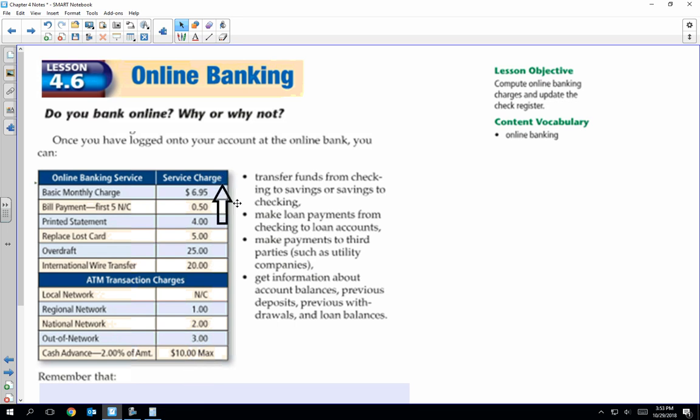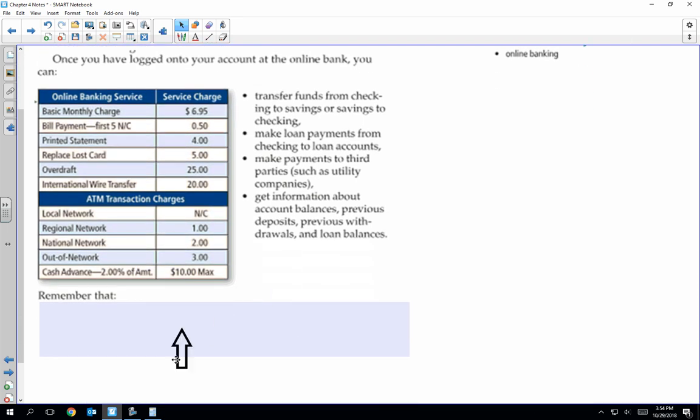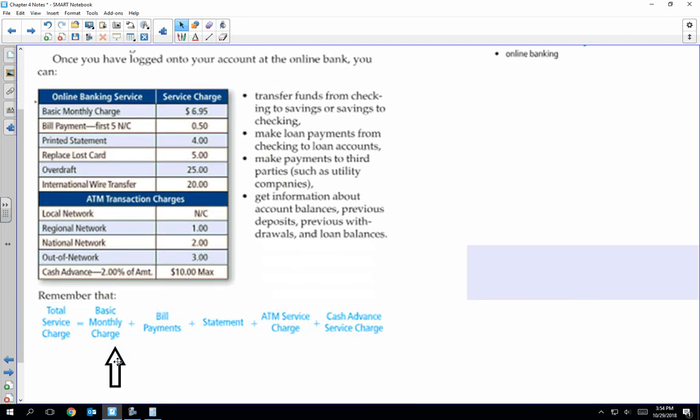You can use online banking to transfer funds from checking to savings or savings to checking, make loan payments from checking to loan accounts, make payments to a third party, and get information about account balances, previous withdrawals, and loan balances. And just please remember that your total monthly service charge is adding all of your charges together.